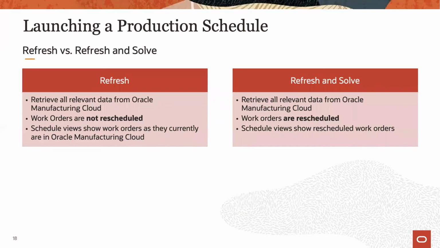While both options retrieve all relevant data from SCM Cloud, the key difference is that refresh does not reschedule the work orders, but instead shows them as they are currently defined in execution. Refresh and solve, on the other hand, recalculates the schedule, resulting in new work order start times or operation resource assignments due to potential offloading.